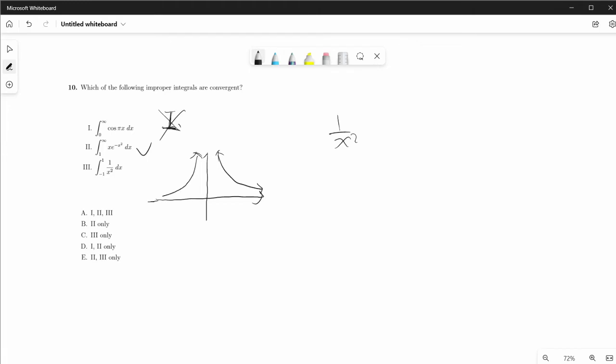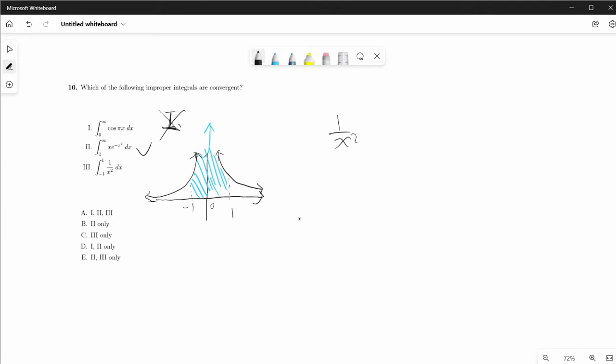I'm not concerned with the values. I just really wanted to get the shape. So as you can see, from -1 to 1, there's a disconnect here, right? This goes to infinity, so it is an improper integral. That means you need to use limits, and in this case, the simpler thing is that you can see this is actually symmetric around 0.